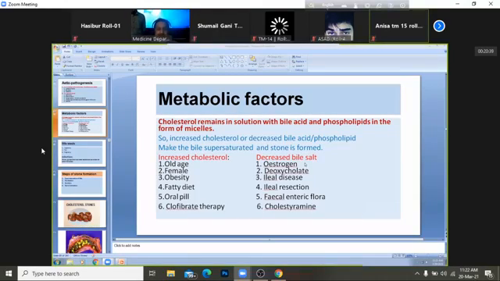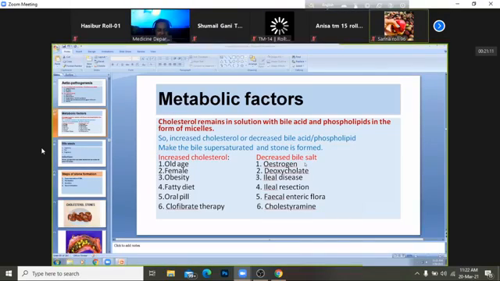So I already mentioned that in normal bile, cholesterol, as it is a lipid soluble chemical, cannot remain in solution. So for its solubility, there is necessity of formation of micelles in presence of bile acid or phospholipid.